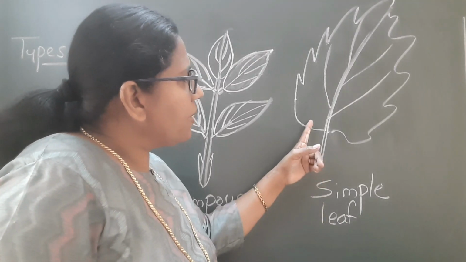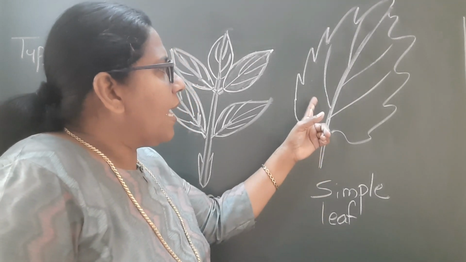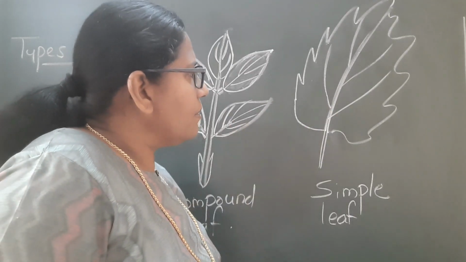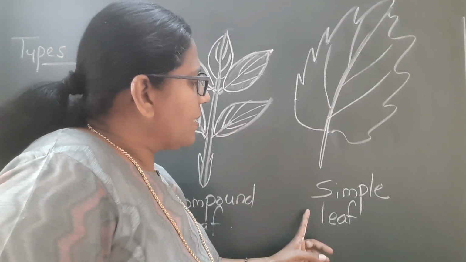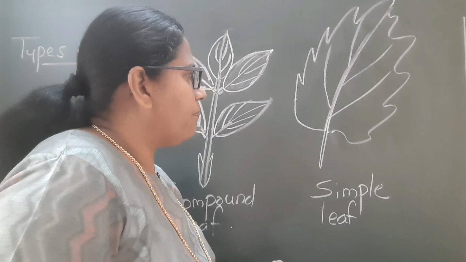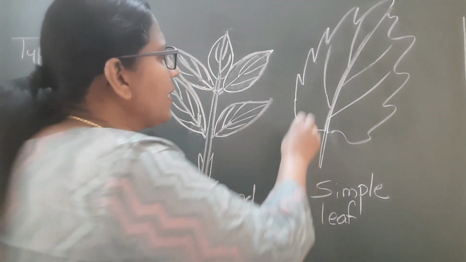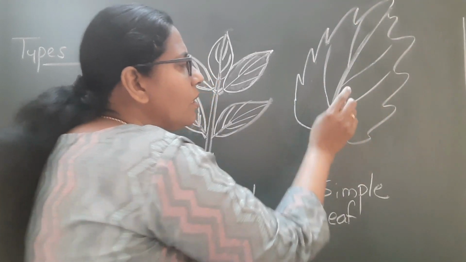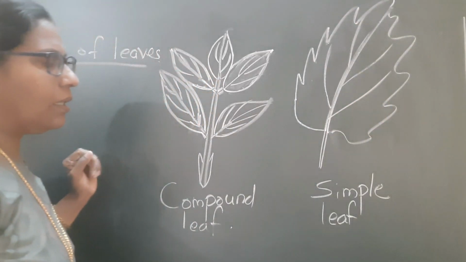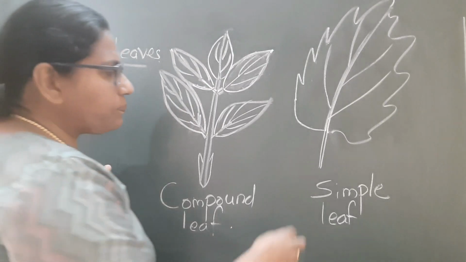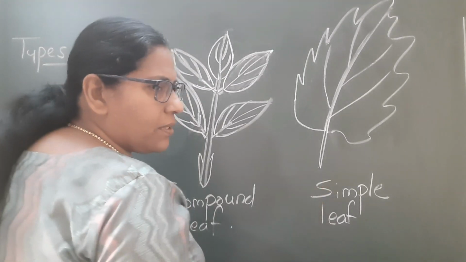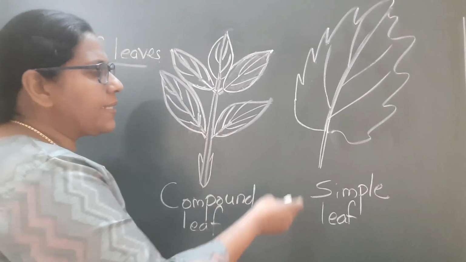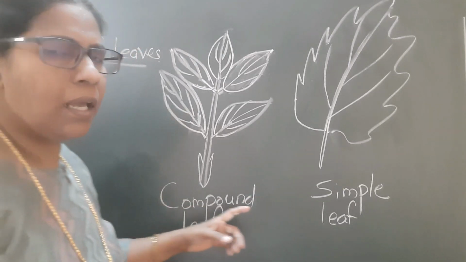This is called simple leaf because the lamina is undivided and in a single piece. Examples: mango leaves, peepal leaves.